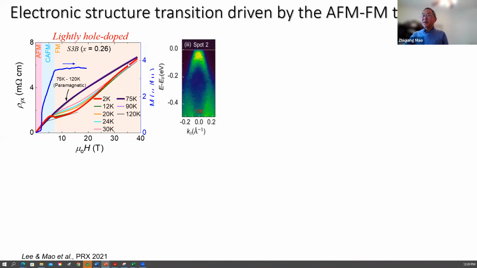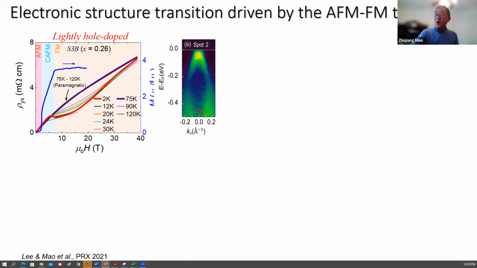If we look at the data measured at a high temperature in the paramagnetic state, we don't see any transition. It's a smooth curve. But when we reduce the temperature below the magnetic ordering temperature, which is 24 Kelvin, we find the Hall resistivity is suppressed, right? And also at the spin flip transition field HC2, we see a discontinuous change at the magnetic phase boundary.